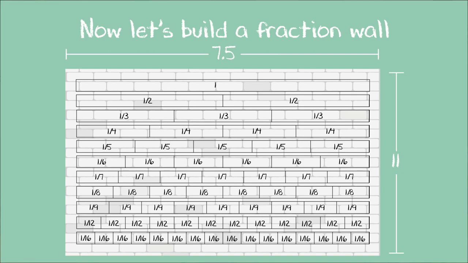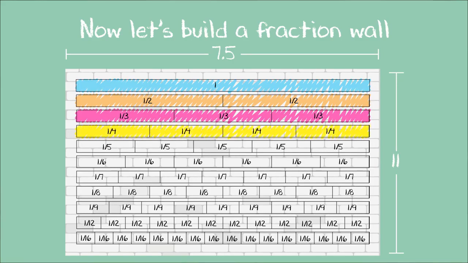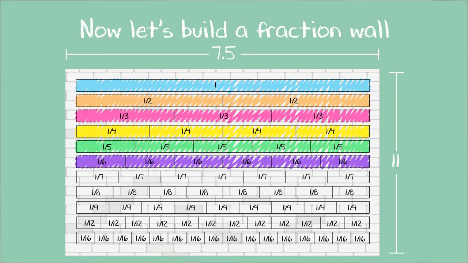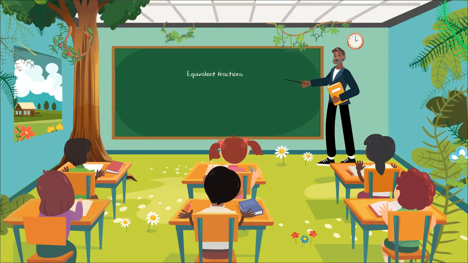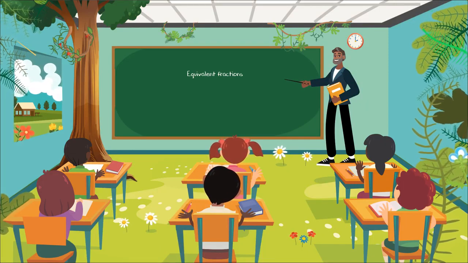Now, take your time, shade in each line using a different color to be creative. And please make sure that you properly space each fraction to create a true representation of how we're going to break this down.